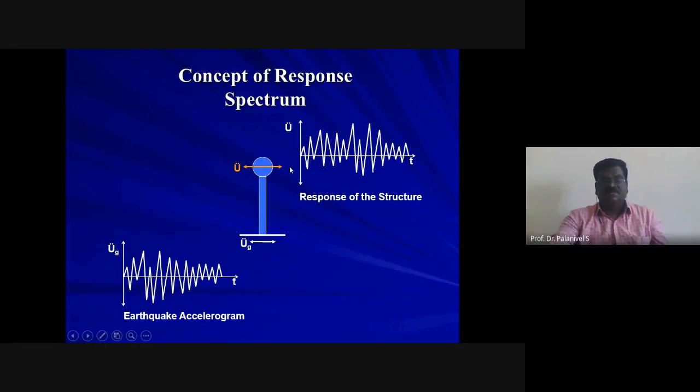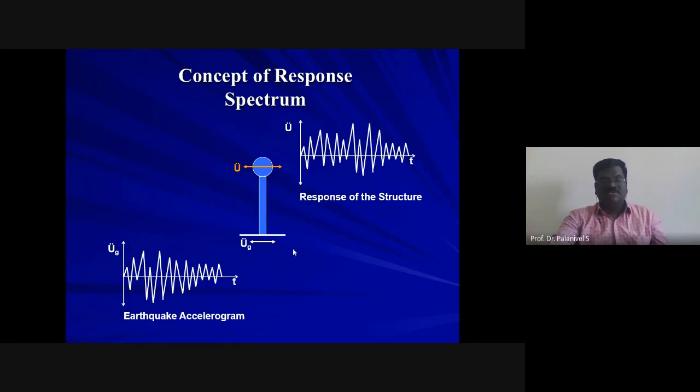Now this single degree oscillator oscillates, and I record its response as another time history, the response of the structure. Likewise, I change its time period: first Tn1, T suffix n1, that is the notation used, a particular period.